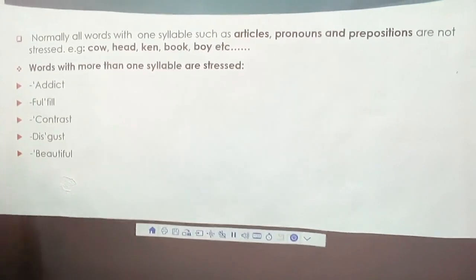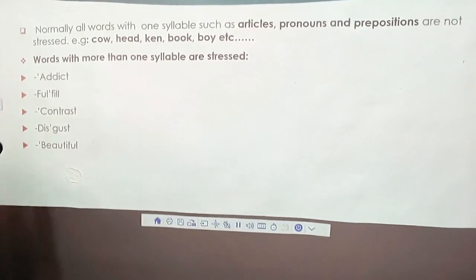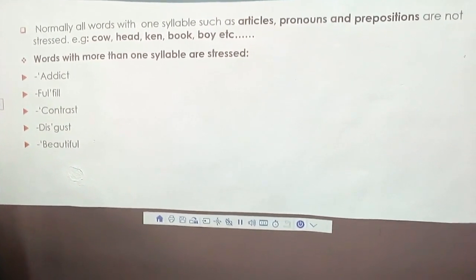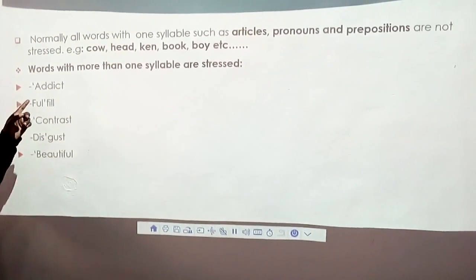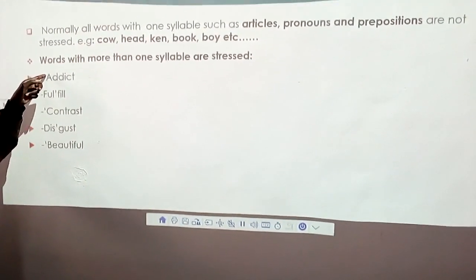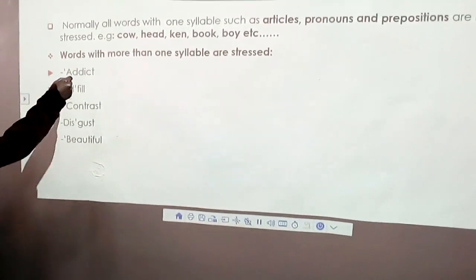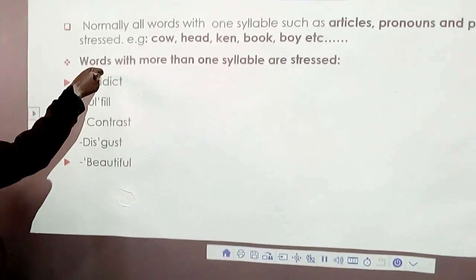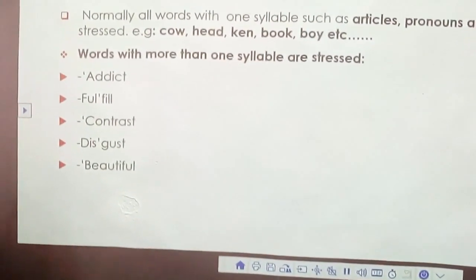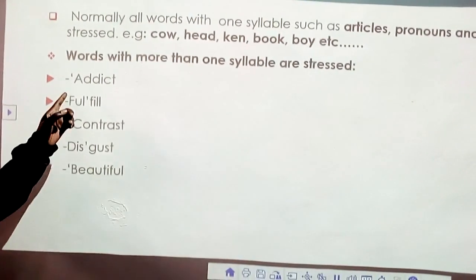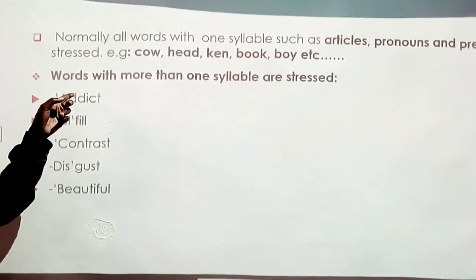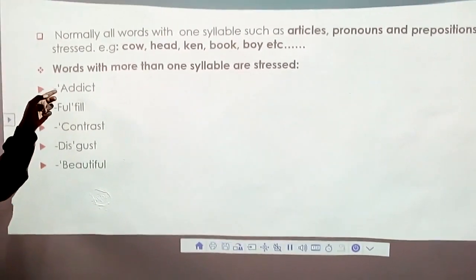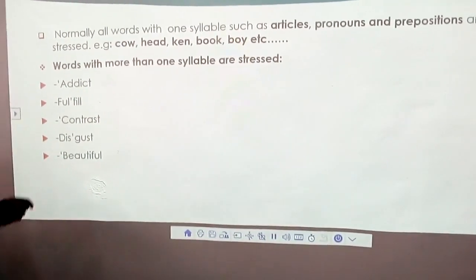How do we read? Addict. Addict. Okay? This is addict. If you put the stress here between these, okay? It will sound like addict. And you'd better stress here because this is where the stress, be that as it may, it has to be.